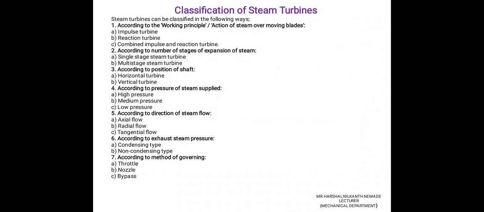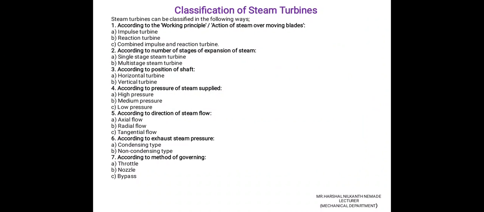Classification of steam turbine. According to working principle or action of the steam over the moving blade: impulse turbine, reaction turbine, combined impulse and reaction turbine. According to the number of stages of expansion of steam: single stage steam turbine, multi-stage steam turbine. According to the position of the shaft: horizontal turbine, vertical turbine.